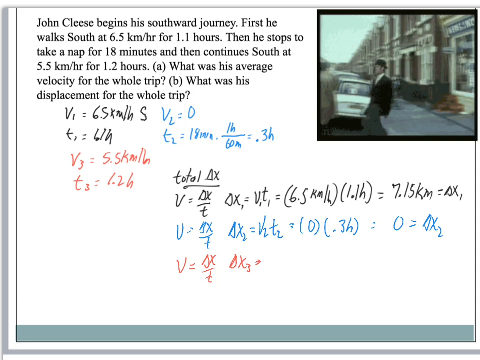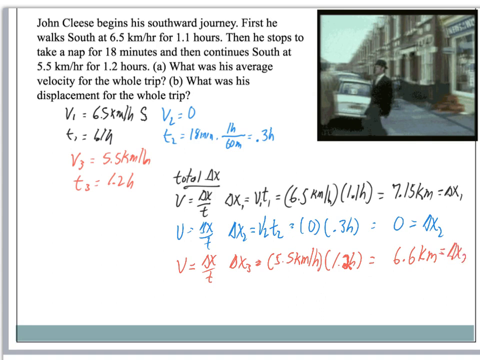Displacement would be the velocity, in this case 5.5 kilometers per hour, times our total time for part 3, 1.2 hours, sorry, that should be a 2 right there. 5.5 times 1.2 gives us 6.6 kilometers, and that is delta x3.